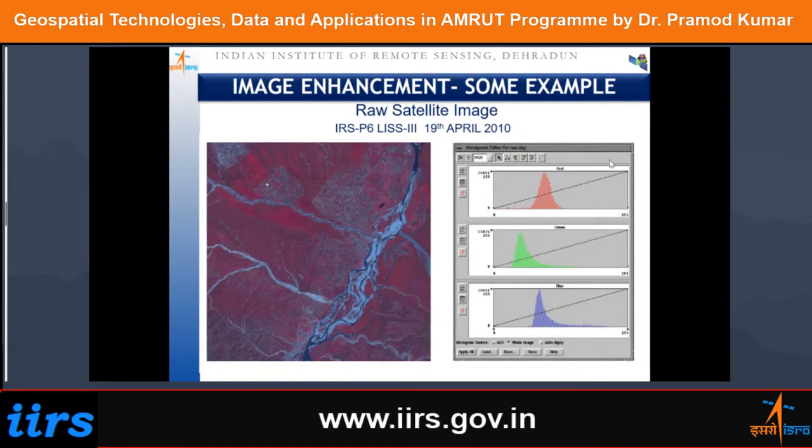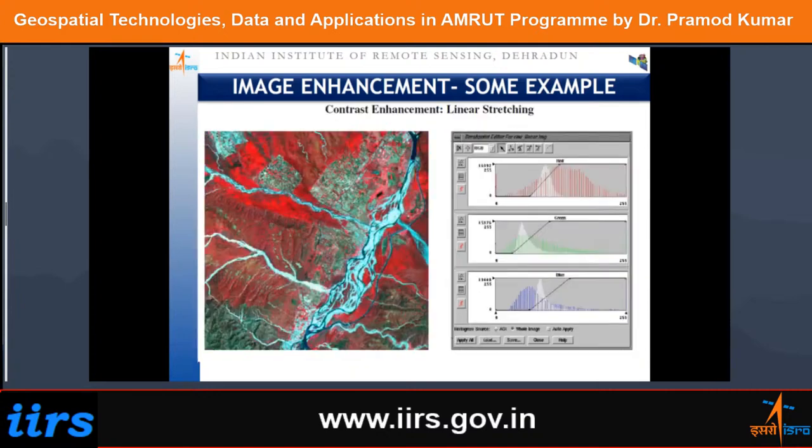Okay, and that's how the images appear much brighter as compared to the raw image. Now this is one example where linear stretching has been applied. In the background, you are seeing the input histogram, and in the foreground, in a different color, you are seeing the output histogram.